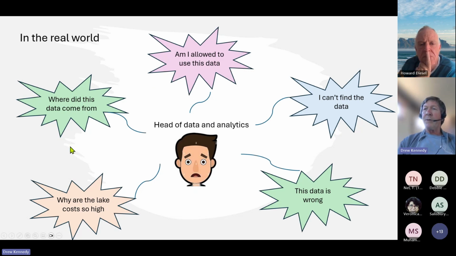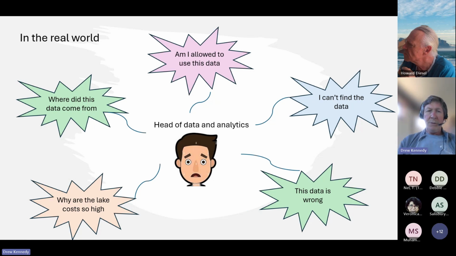Then the whole question about where did this data come from? I was looking for sales data, but I want sales data that has been aggregated back to the department level. I don't want sales data at product level. Where did that data come from? Then finally, and probably the most consistent one that we get, is this data is wrong. There's a quality issue.